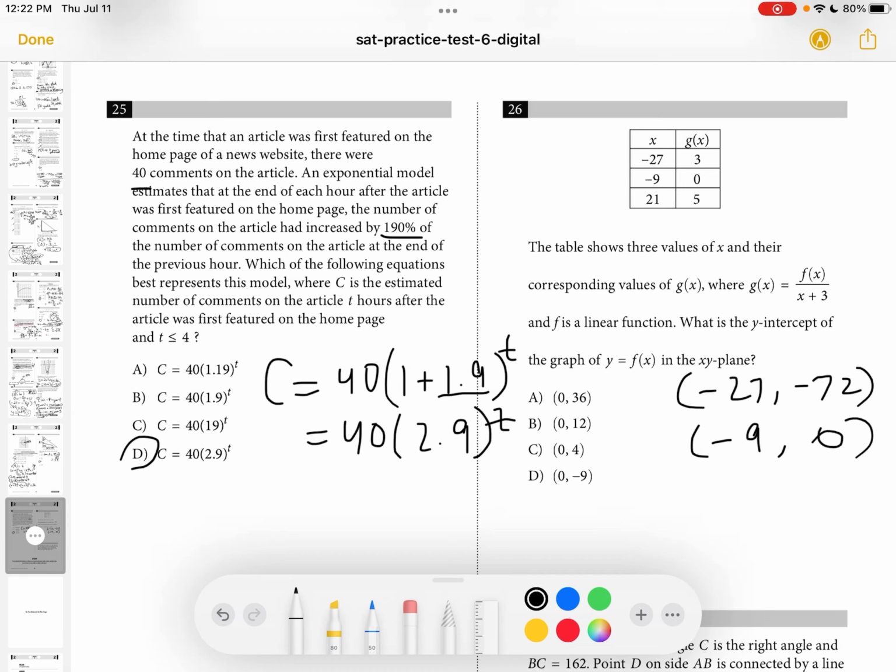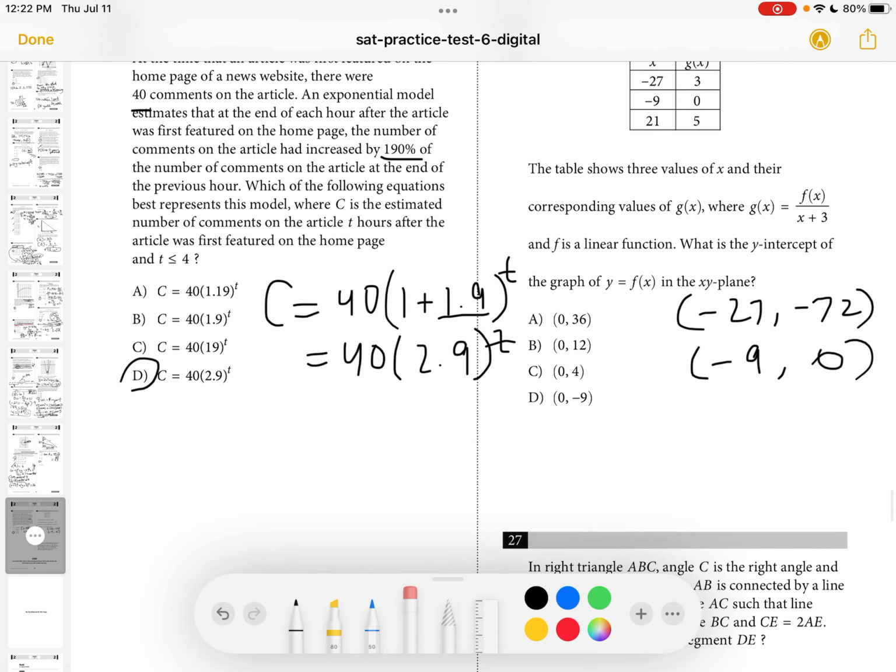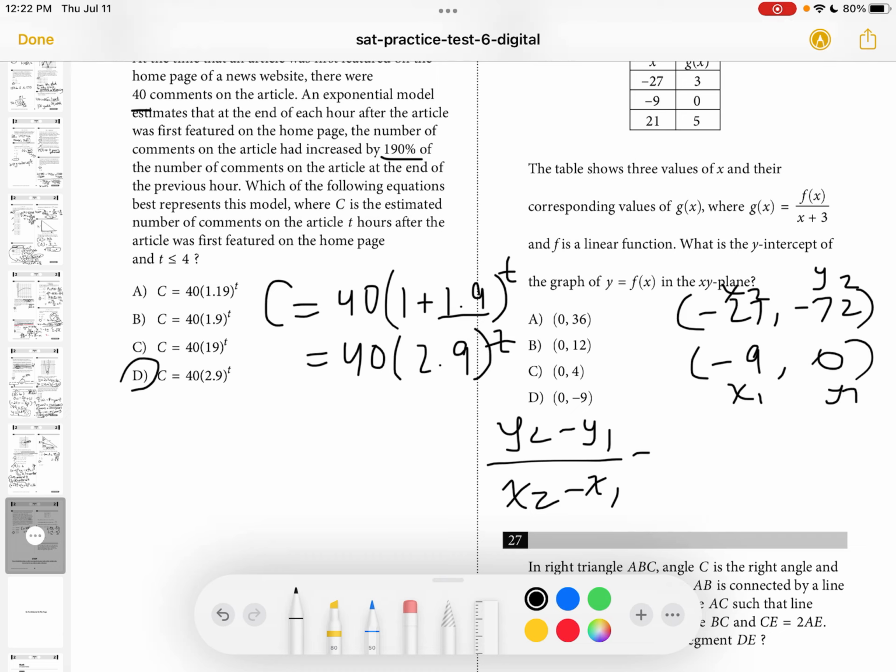So the slope here is, let's see, y2 minus y1. Let me write that to the side. So the slope formula, when given 2 points, is y2 minus y1 over x2 minus x1. I'm going to take this as y2 x2 and x1 y1, right?